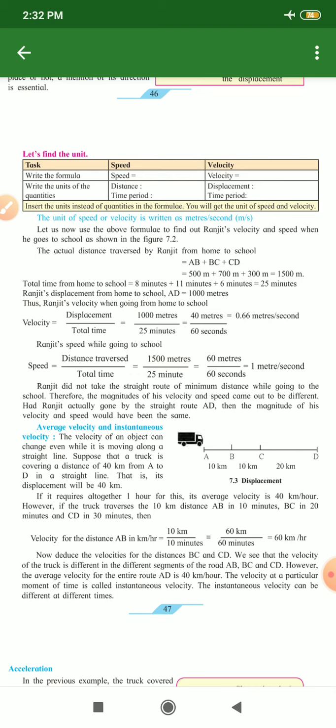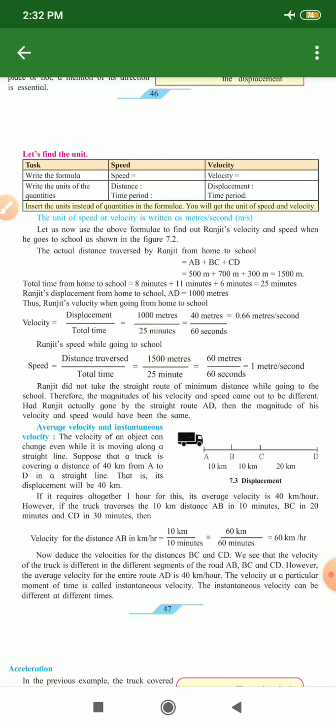Let us now use the above formulae to find out Ranjit's velocity and speed when he goes to school as shown in the figure 7.2. The actual distance traversed by Ranjit from home to school is equal to AB plus BC plus CD.